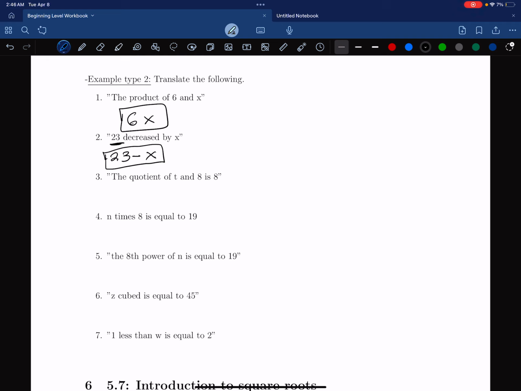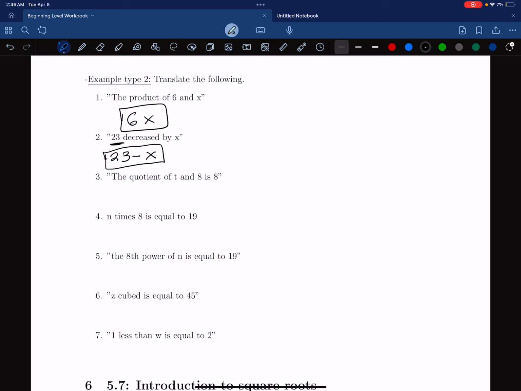And then for 3, we have the quotient of t and 8 is 8. Now we've seen before that quotient means division. And we're going to divide t and 8. So we have t divided by 8. And we've seen that is means equals. We're going to write this equal sign. And then we have is 8.